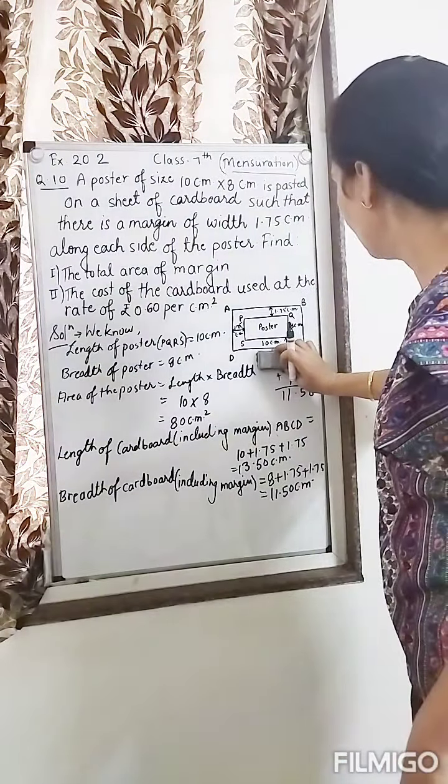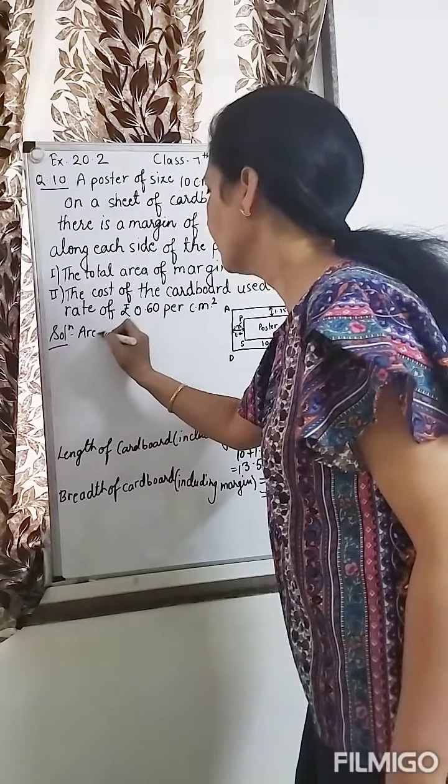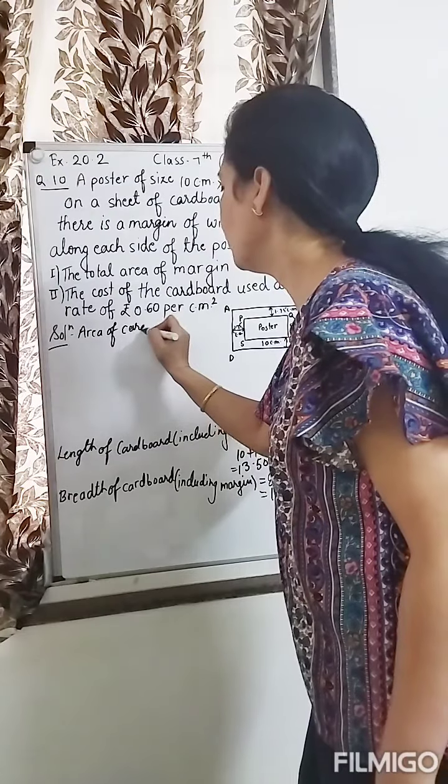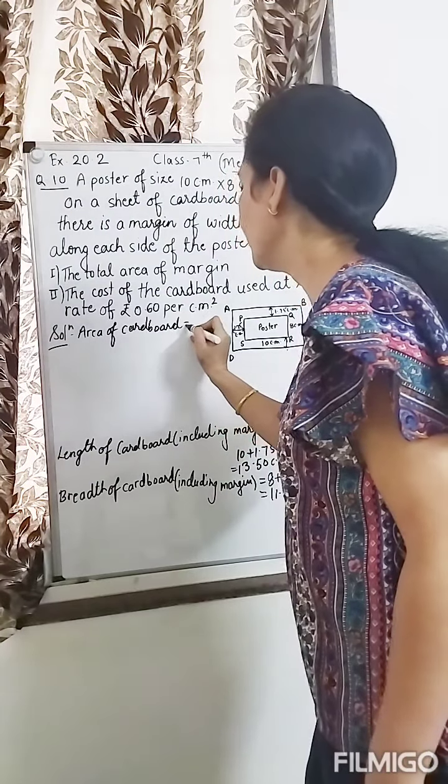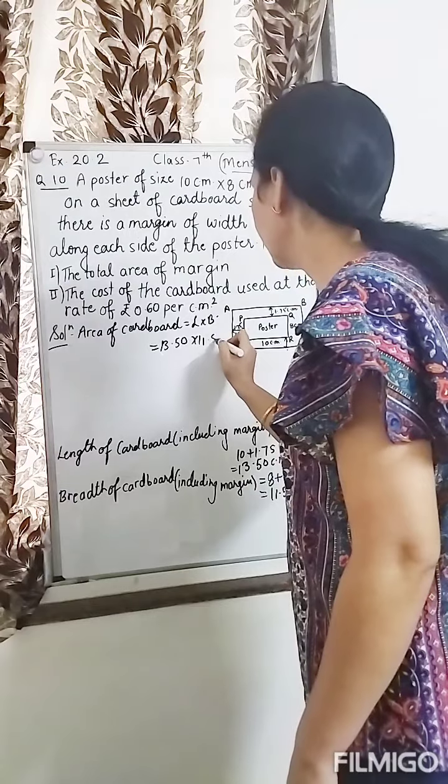Now we will find out the area of the cardboard. So the area of the cardboard will be length into breadth, whatever new length and breadth we have found out, we will multiply and find out the area. For length I have written L and for breadth it's B. So length is 13.50, okay, and breadth is 11.50.